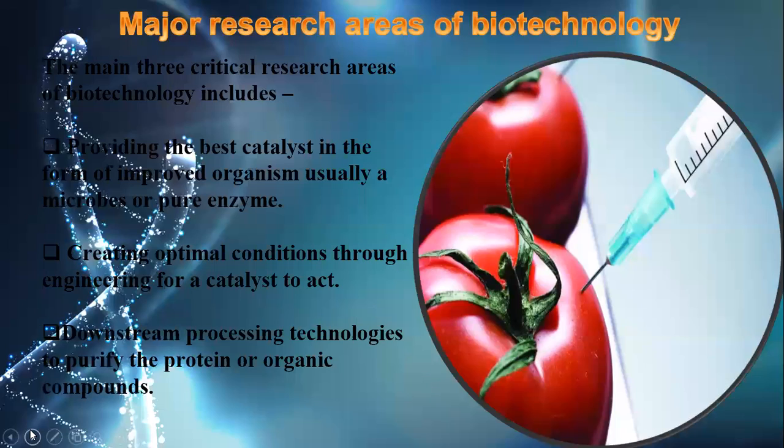So in this chapter, we'll be discussing agriculture. I hope the slide is visible. We are going to discuss the major research areas of biotechnology. The three main critical research areas of biotechnology include providing the best catalyst in the form of GMOs.